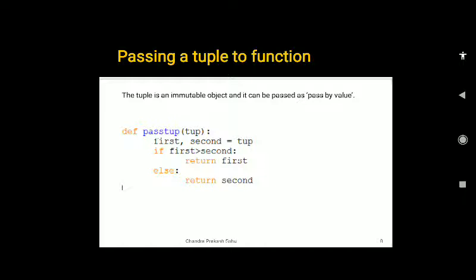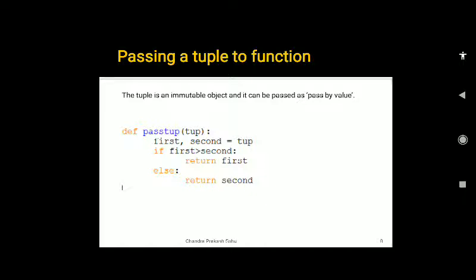So this function def pass tuple, in brackets tup, is an argument that is to be passed to it. Here this is referred to as the formal argument, and in the calling function the argument is referred to as the actual argument. Naming is different actually. So the first line of this function is first comma second equals tup.